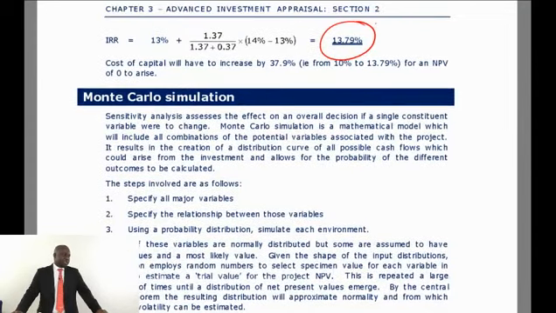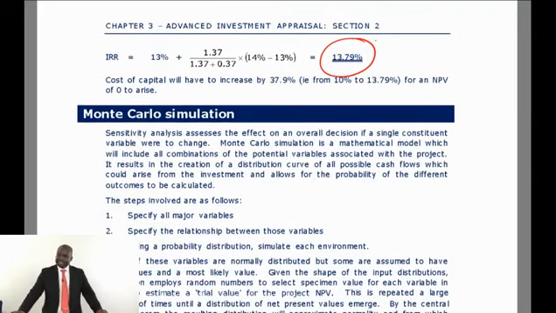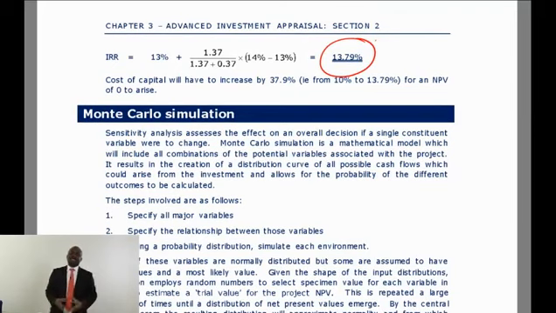Monte Carlo simulation was developed because of a criticism based on the sensitivity analysis. Sensitivity analysis, even though it's a brilliant analysis telling us the boundaries, what are the maximums and the minimums that will bring the NPV to be equal to 0.